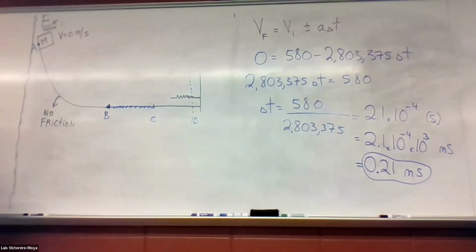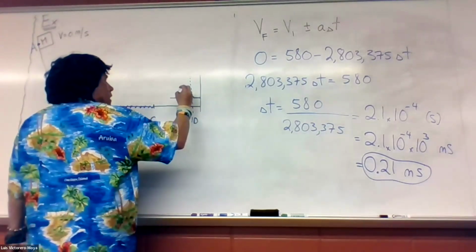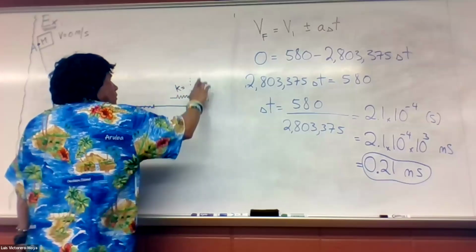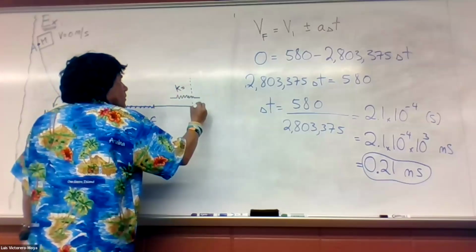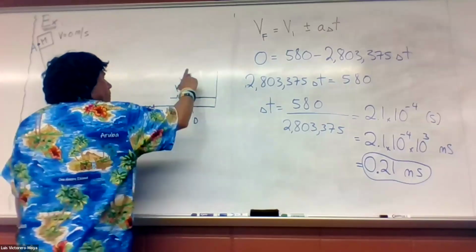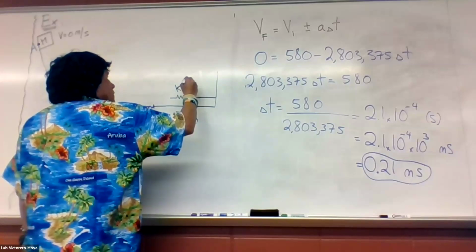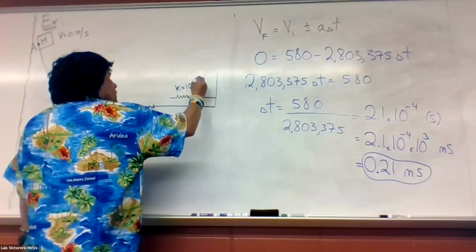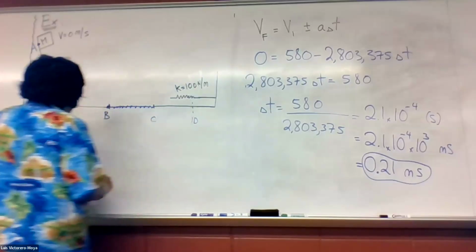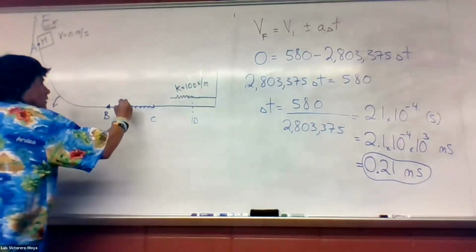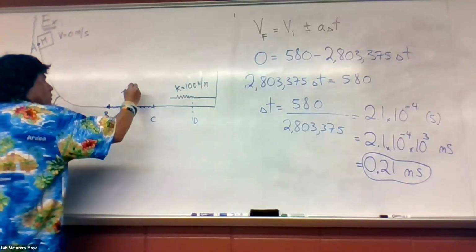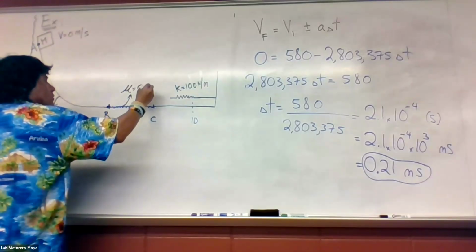So this is a spring with k equals 100 newtons per meter. And here in this blue section, there is mu equals 0.2.